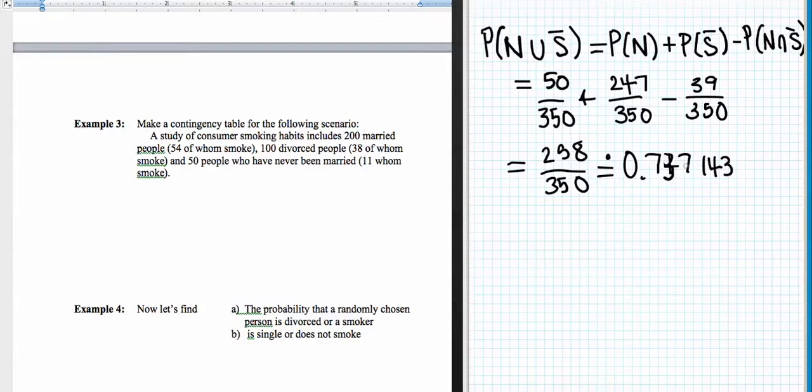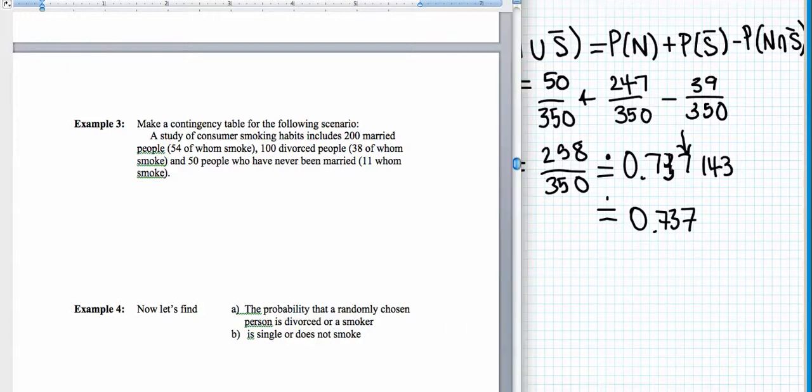And that means that I'll be rounding this off to right here. And this is not a 5 or higher, so this is approximately 0.737. And again, I like to give you extra decimals out here so you can see kind of what I'm doing. I'm not just cutting it off at the place it needs to be. So that's the probability that we were looking at.